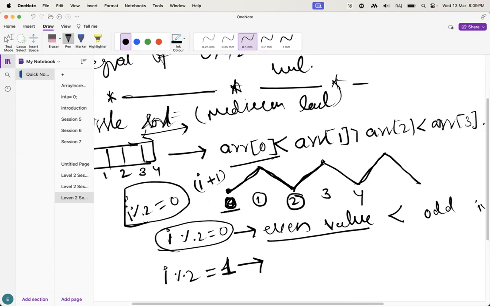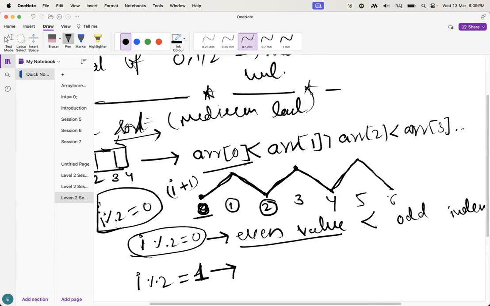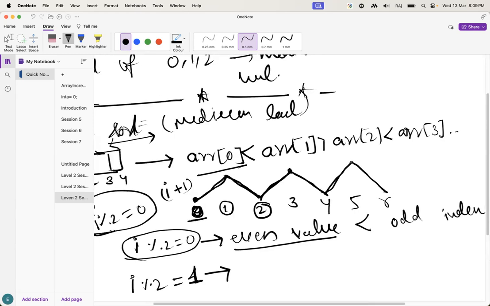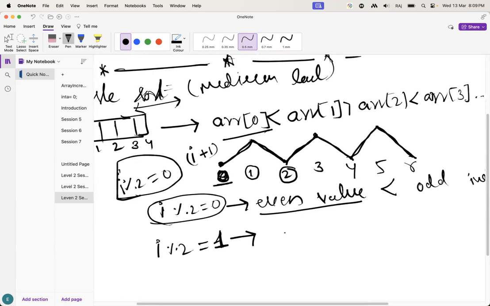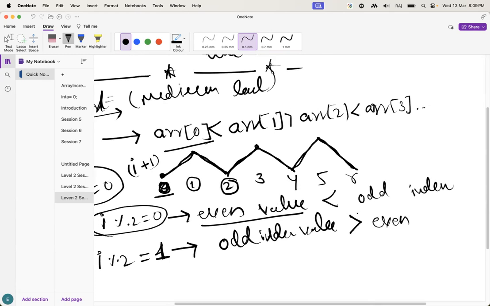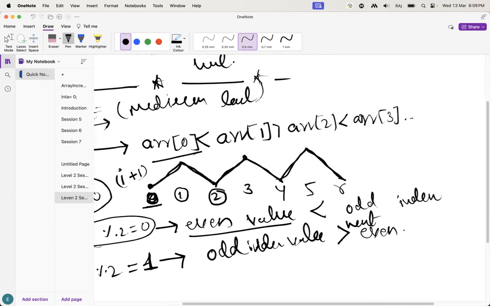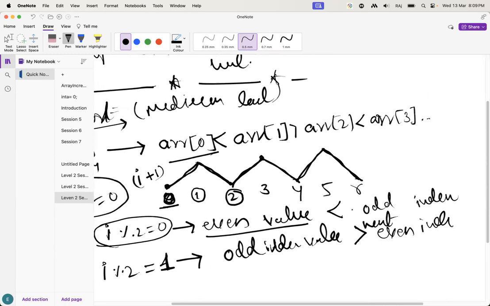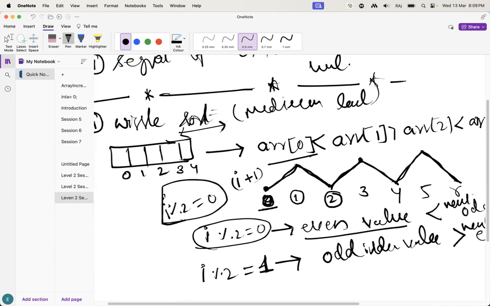You can see this value is greater than the next index value. This value is also greater than the next index value. Right, guys? That means the odd index value should be greater than the next even index value.